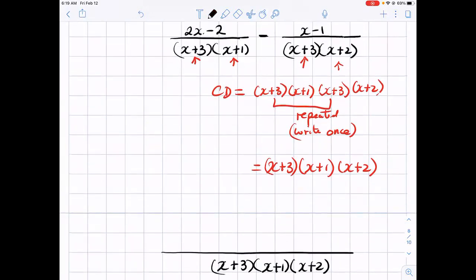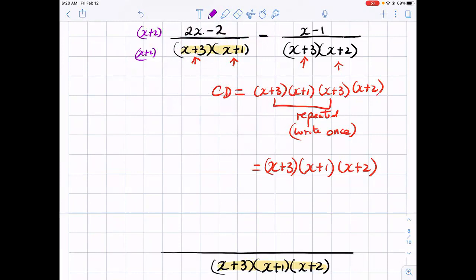Now, if we look at this denominator and compare it with the common denominator, you will notice we have an x plus 2 there. Okay? So I'm multiplying the bottom by x plus 2, so I must multiply the top by x plus 2 also.